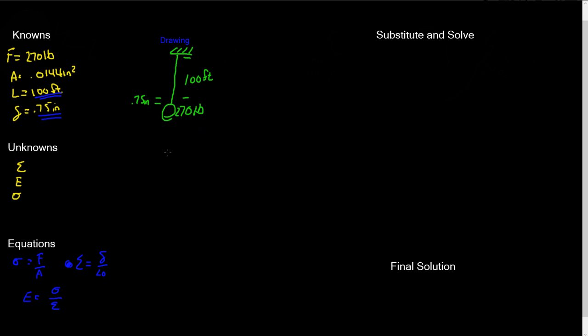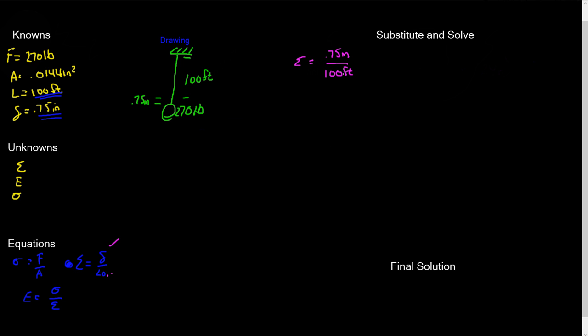So let's solve for the first one, and this is pretty obvious. We can get what epsilon is. Epsilon is equal to my stretch amount, which is 0.75 inches, divided by my original length, L sub 0, which is 100 feet. Now the problem with this is epsilon is a non-dimensional unit, the normal strain, so there is no unit.